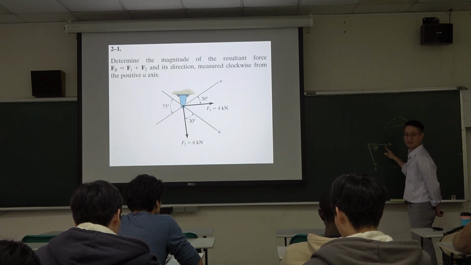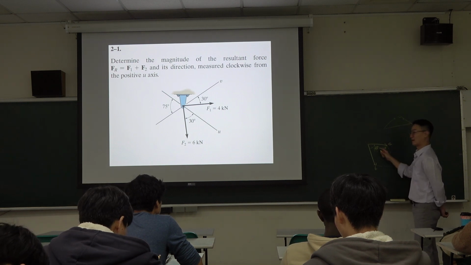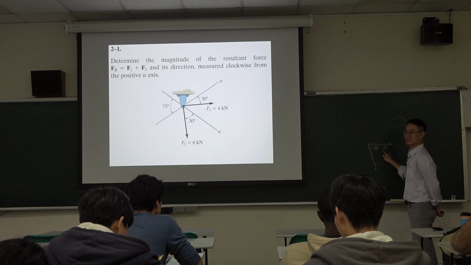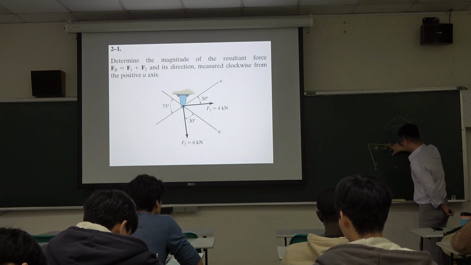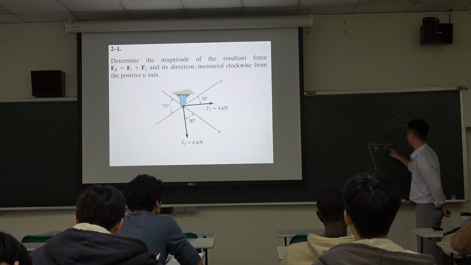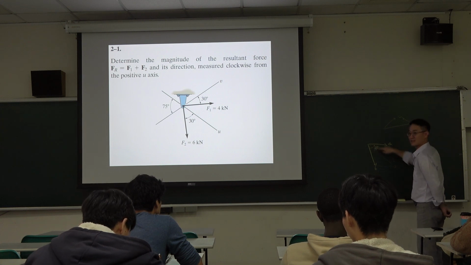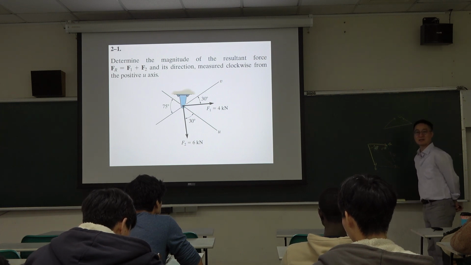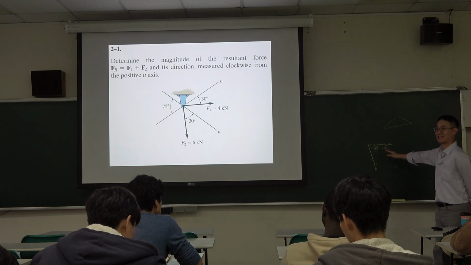This angle is 105. Okay, because this plus this should be 180. Okay, and it also means this magnitude is 6. So we have 4 here, we have 6 here, we have 105 here. We can work out this using cosine law. Do you agree with that?